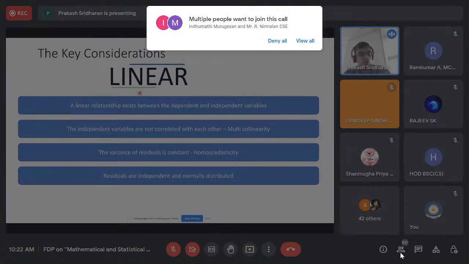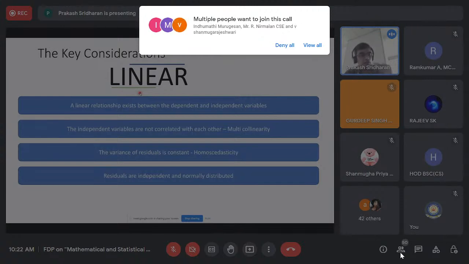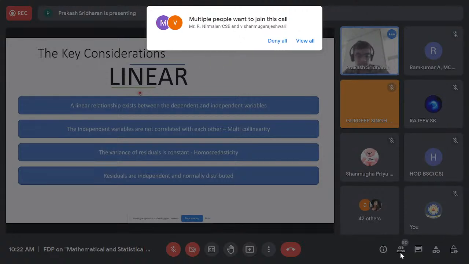When they are not normally distributed, it tells you that your regression line itself is not optimal. It's trying to compensate for something else. There's some data point or a series of data points which are not following the normal pattern, and you need to remediate before you can start using your regression equation for interpretation and prediction.